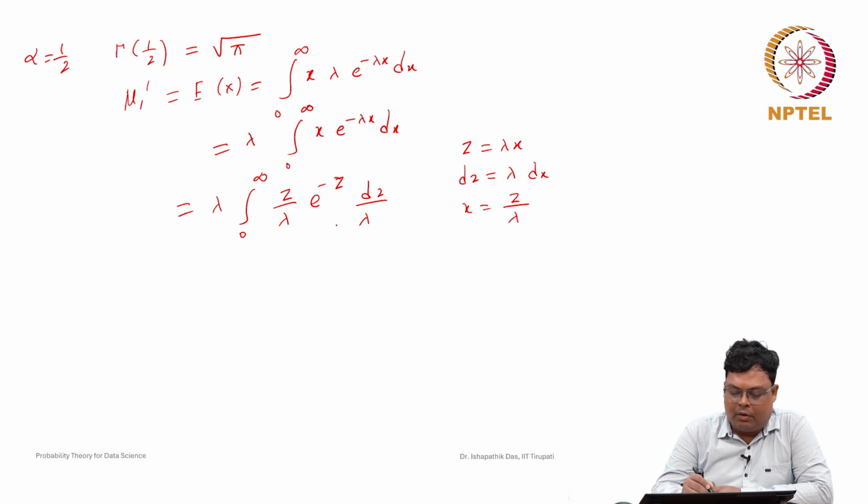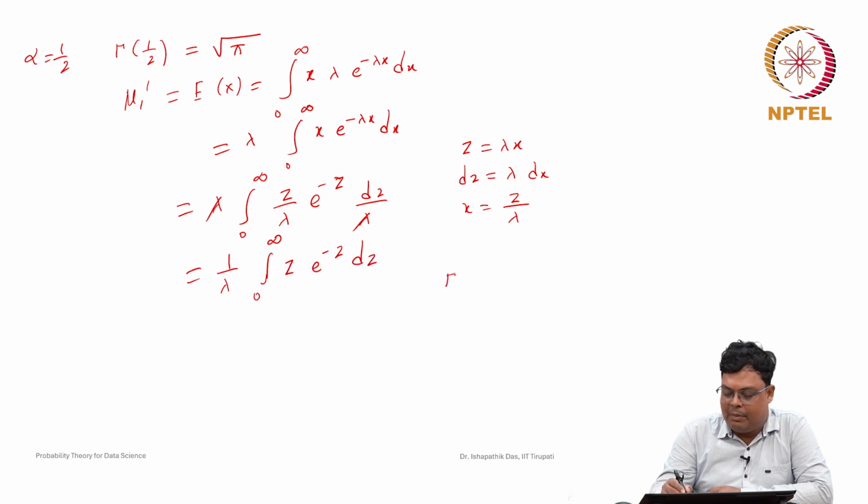Then one lambda can be cancelled and it is 1 by lambda times the integral. The limits will not change, because as x goes to 0, z also goes to 0, and as x goes to infinity, z also goes to infinity. So, this is the integral from 0 to infinity of z e to the power of minus z dz.